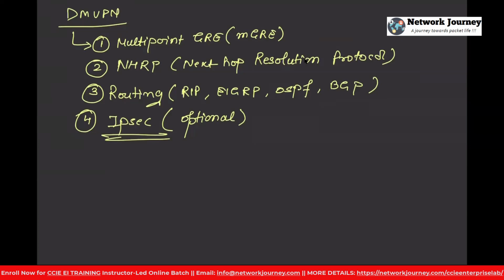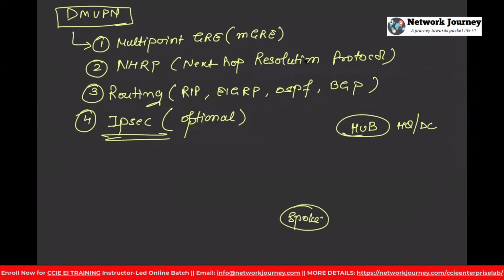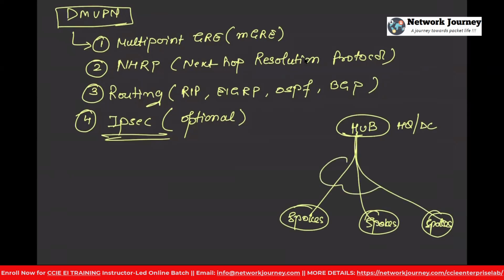So now let's understand the different things. Before that, DMVPN again uses a hub and spoke topology, where the hub is your headquarters or data center, and spokes are your sites. But DMVPN has different configurations.